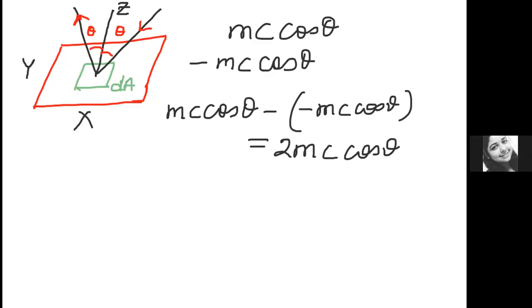So the total change of momentum suffered by all the molecules striking that area dA in time dt, we'll get it from equation number 2. So what we will do is we'll find out.